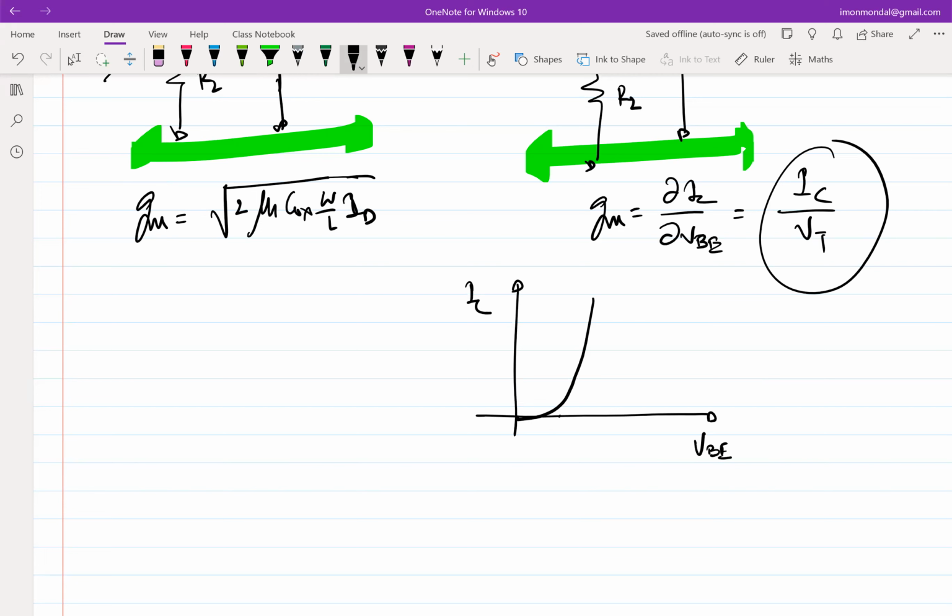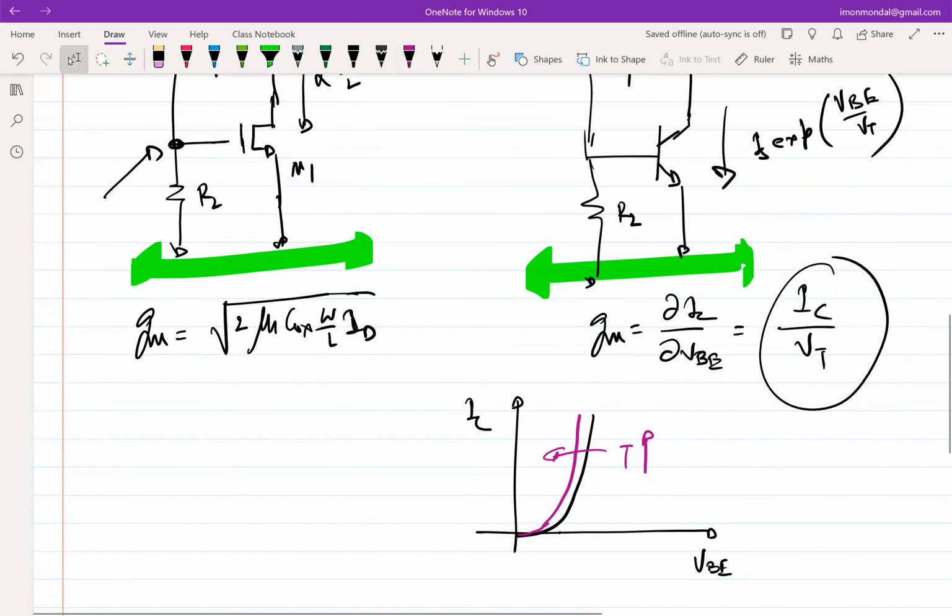However, as it turns out, if you increase the temperature of the device, the current increases. That's the nature of the device. Which essentially means that if you increase the temperature, this plot shifts to the left. For the same VBE, you get higher current.